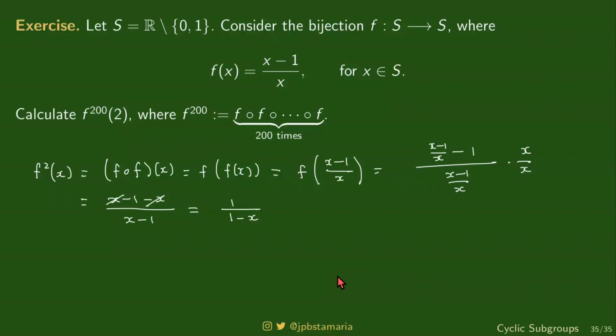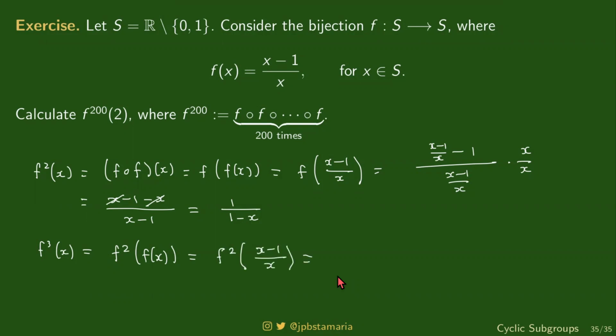How about f cubed of x? F cubed of x is f squared of f of x. Tama ba? F squared of f of x. So, ito na yung f squared. So, i-apply mo yung f squared doon sa x minus 1 over x.